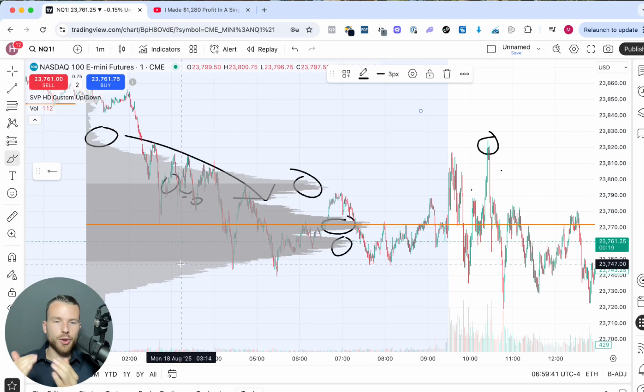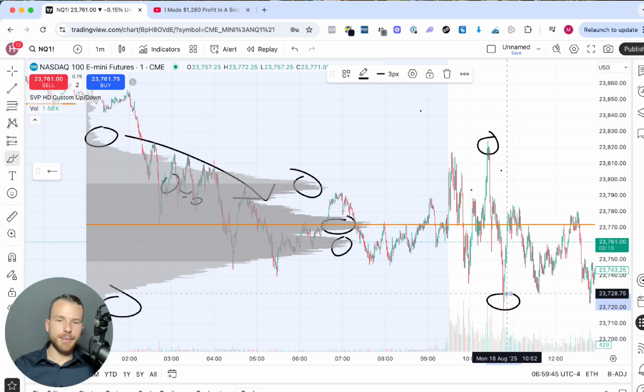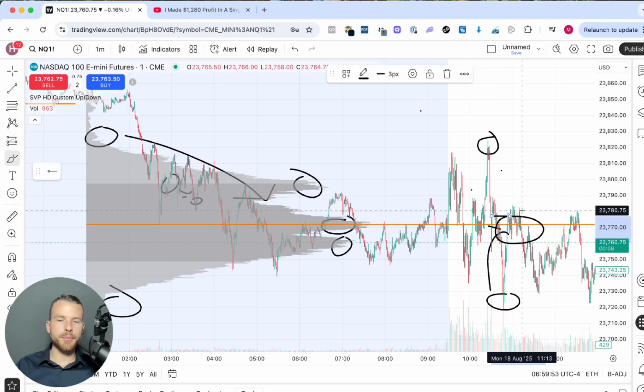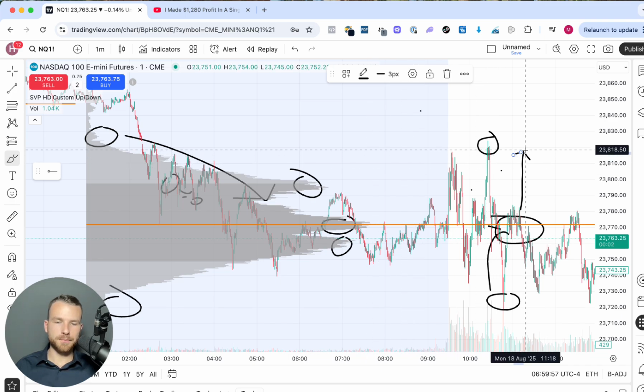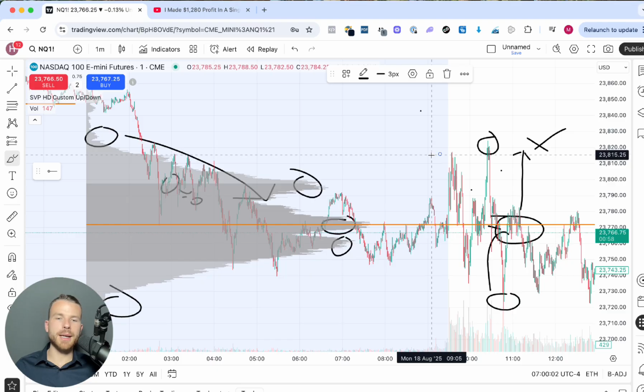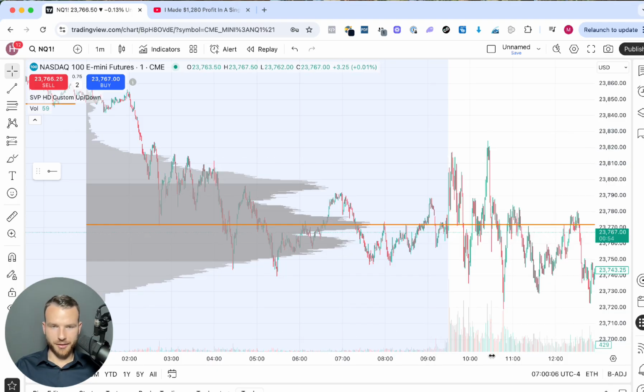So trading kind of works the same way. You want to enter at prices that are not being accepted, so right here, and then exit as the market moves back into areas where price is being accepted. Sure, you can wait until the price goes into a price level that is not accepted as well. However, the chances of that happening are much slimmer compared to just waiting for the market to go back to accepted prices, okay?